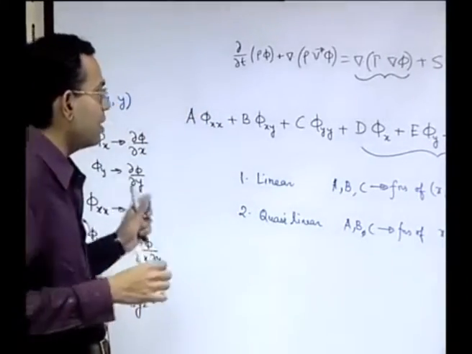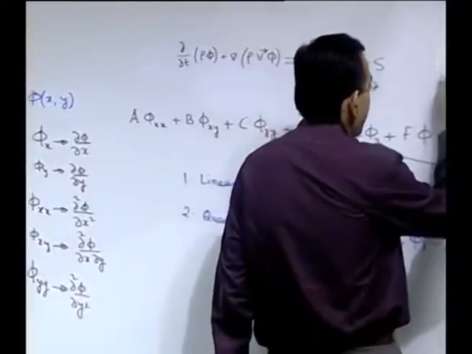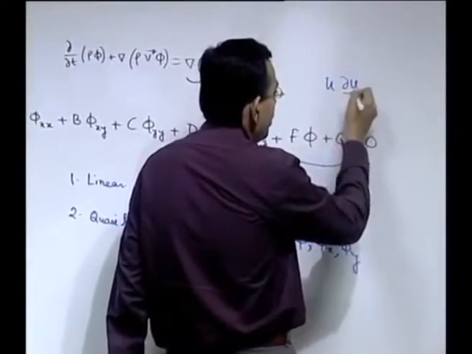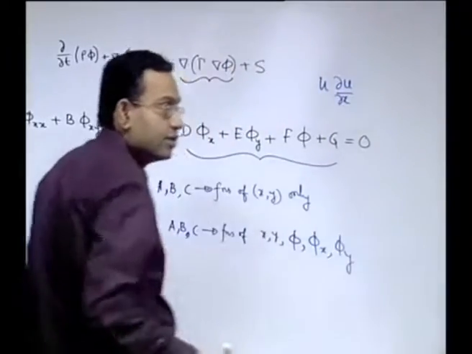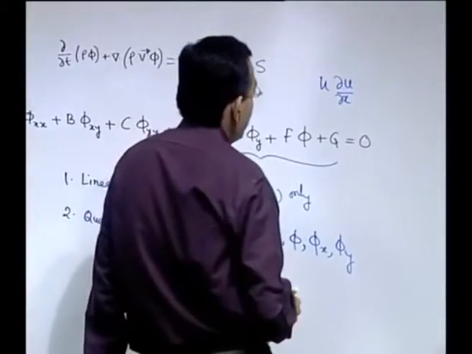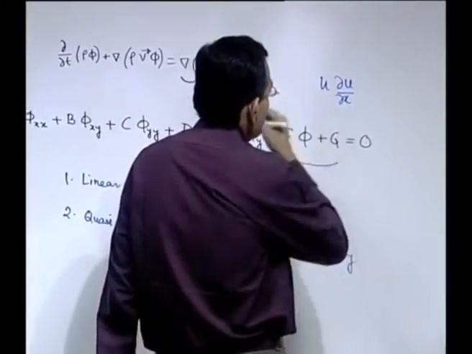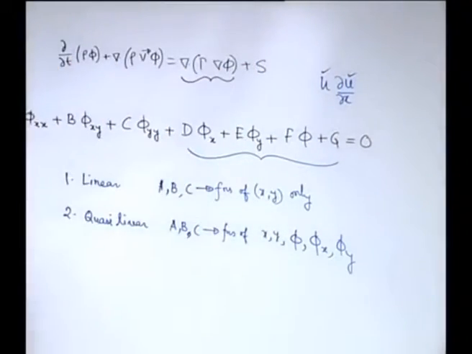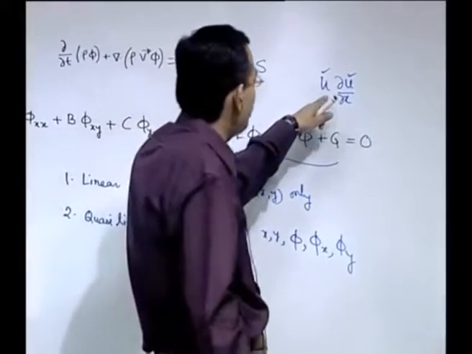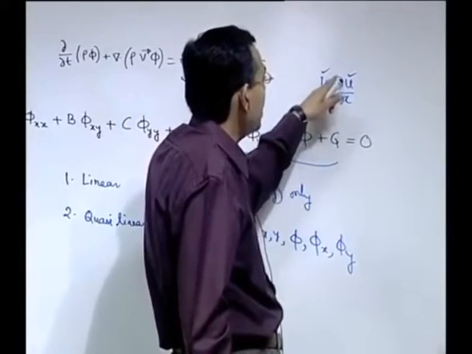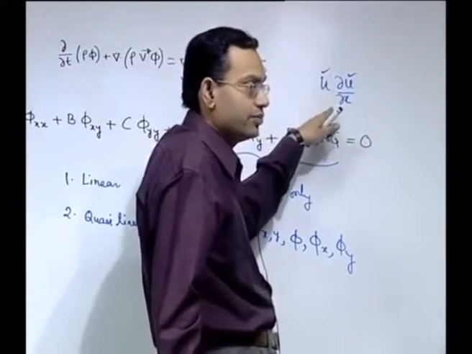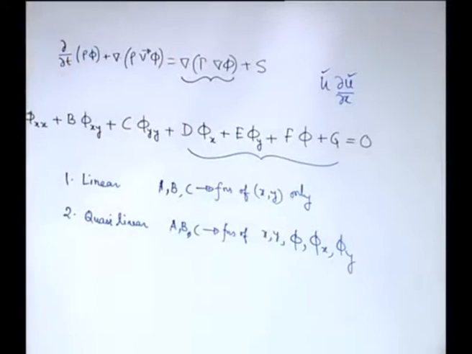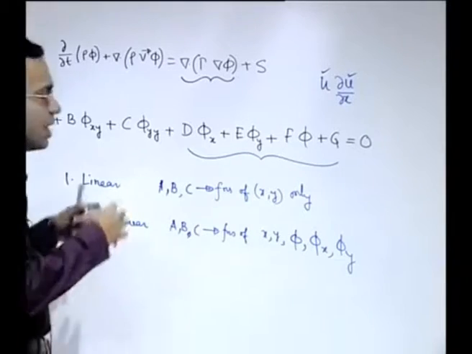So for example, if you have a term of this type u del u del x, you can see that you could have a non-linearity because of a multiplication of u with a differential function of u. So you could have a non-linear differential equation which describes the fluid flow.